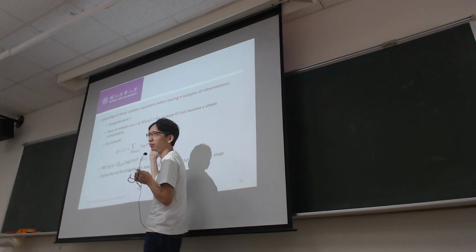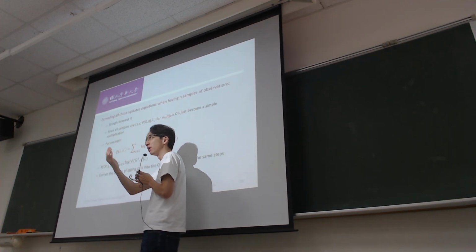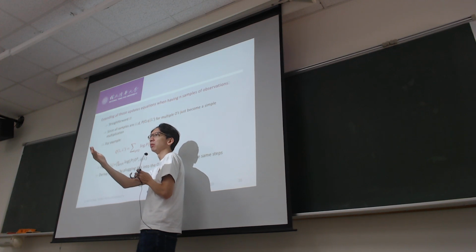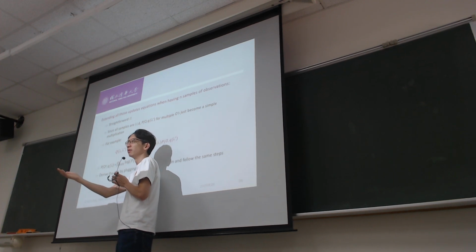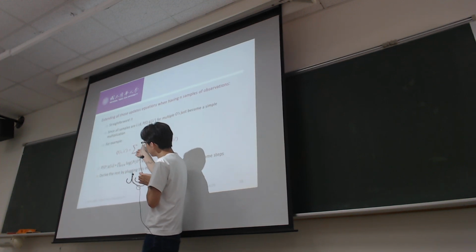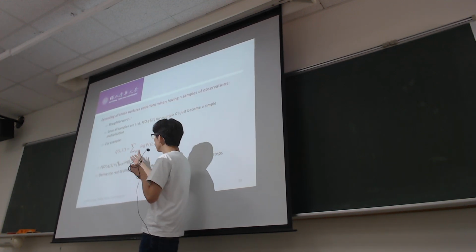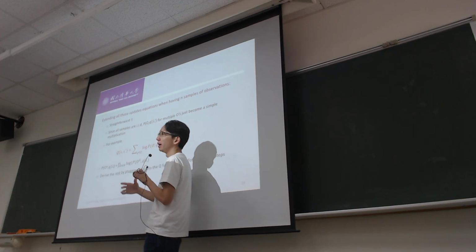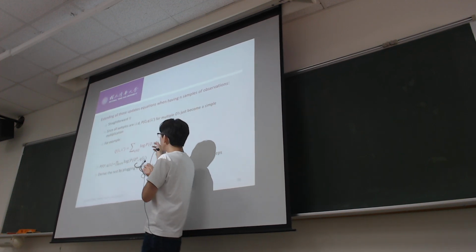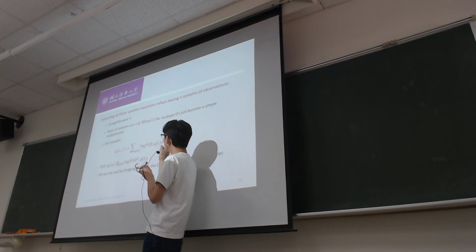That's the expected value. The expected value of a random variable is the sum over the possible values it can take, multiplied by the probability of it taking on that particular value. Here, you sum over the possible hidden state sequences, multiplied by the probability of those.